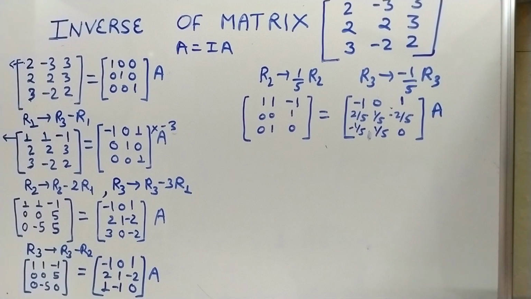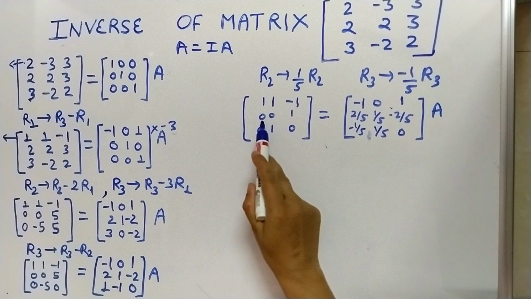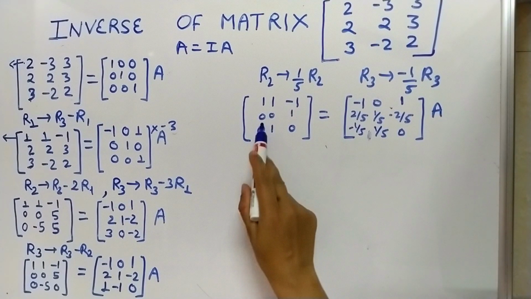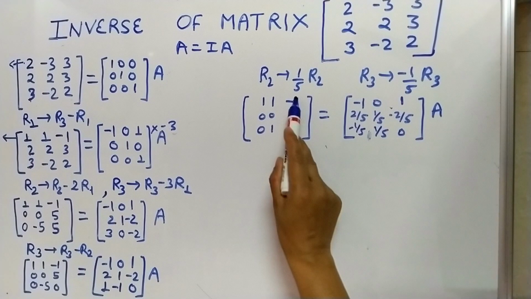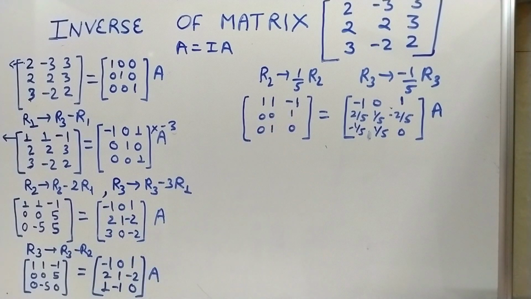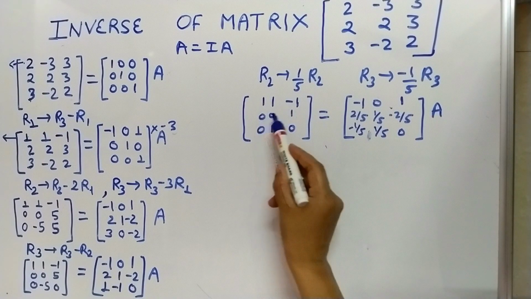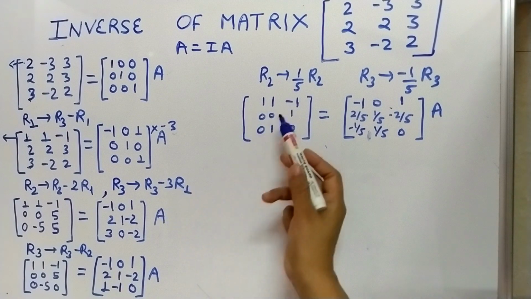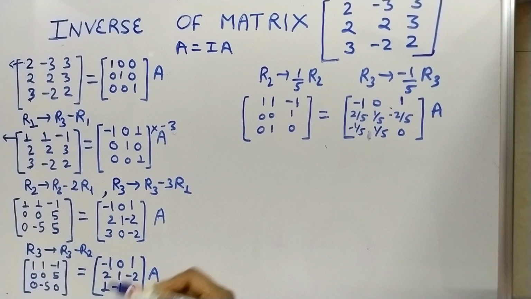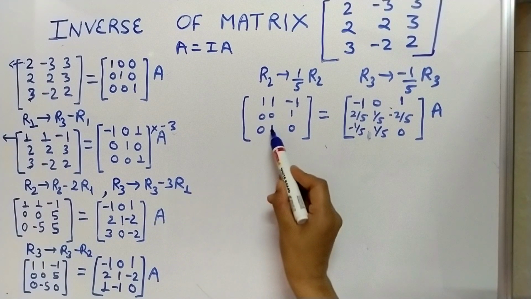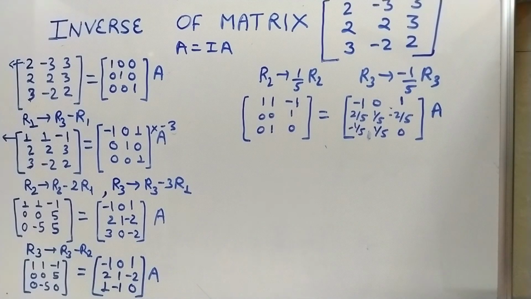These will be the changes in this matrix. Now we can interchange these two rows, but still we have to make this one 0 and this one also we have to make 0. Now see, if I add R1 with R2, at least this one will become 0. Again you will get this one, so 1 is also here. So then you can subtract the third row. So either you can do it in 2 steps or in a single step also.